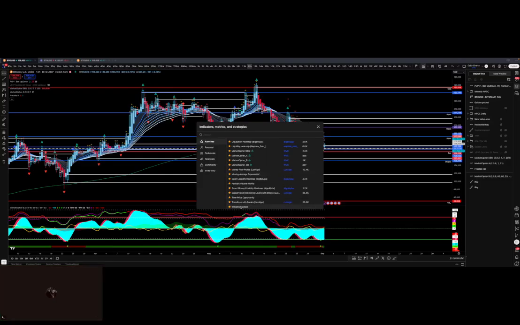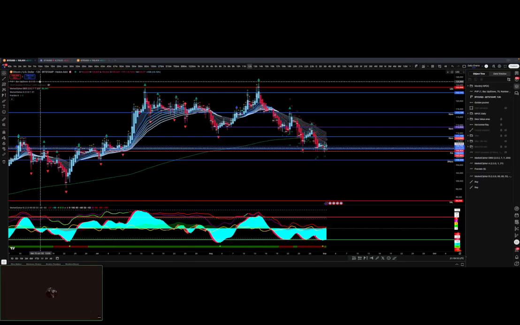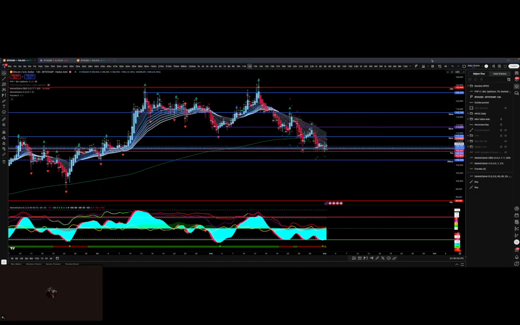Volume profile. I think this is it. So yes, this is the periodic volume profile. Yep, that's it. So yeah, go in there, grab that, put it on a monthly chart, put it on a daily chart, put it on a weekly chart, and it would give you the levels.